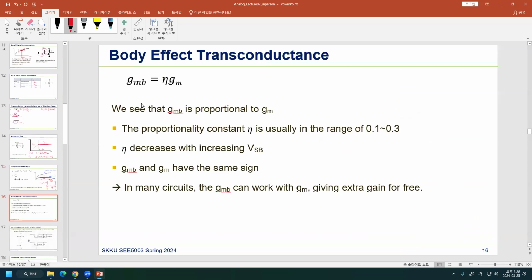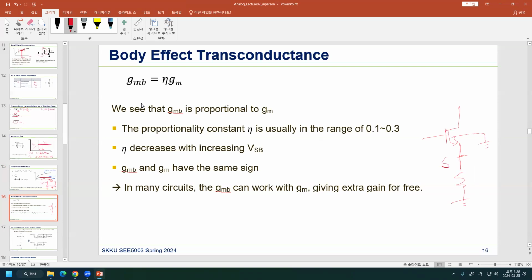Body effect transconductance. I honestly didn't use it much in real design. The point here is that because of the body voltage, let's say you have an NMOS and there is a resistor, then VB is 0 and S is not 0, right?